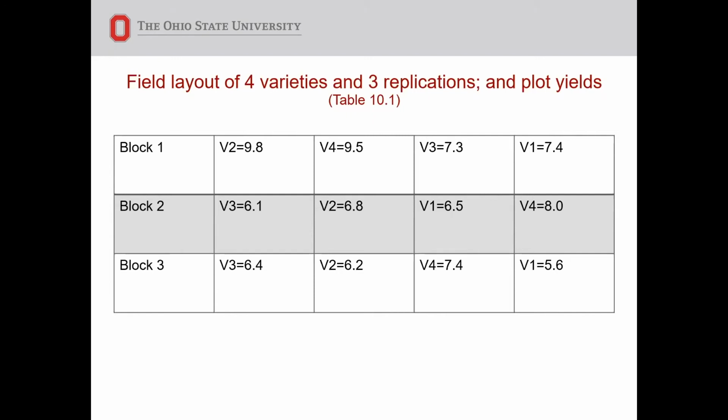Block 1 comprises the 4 treatments, randomized. In block 2, the treatments are in a different order because we would re-randomize within the block. Finally, block 3 has the same 4 treatments in yet a third randomization.